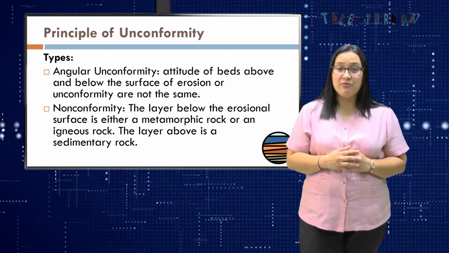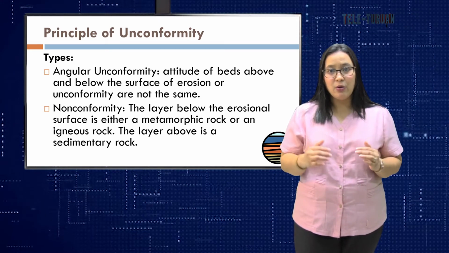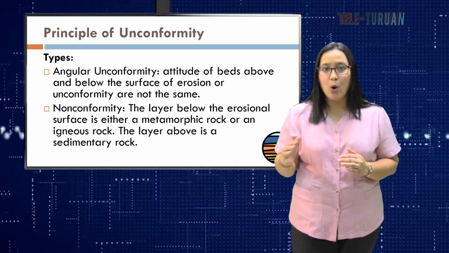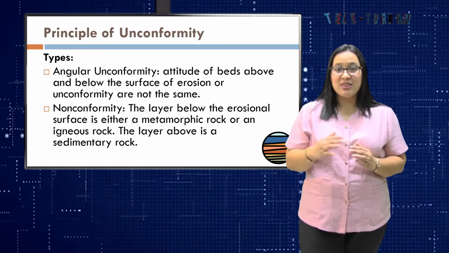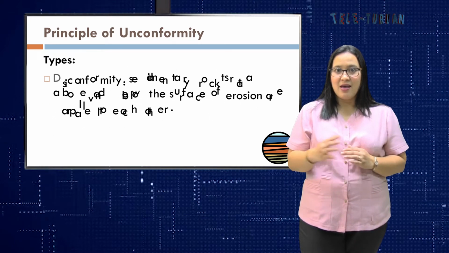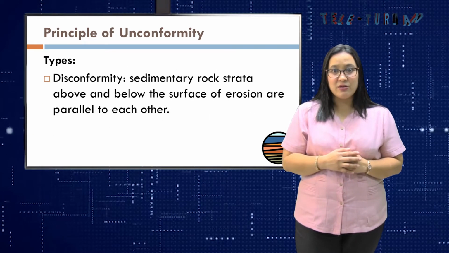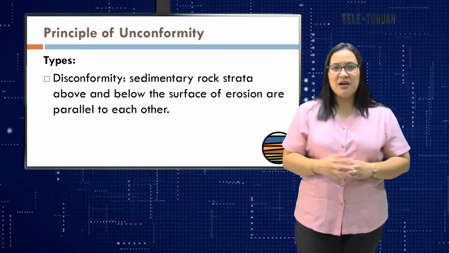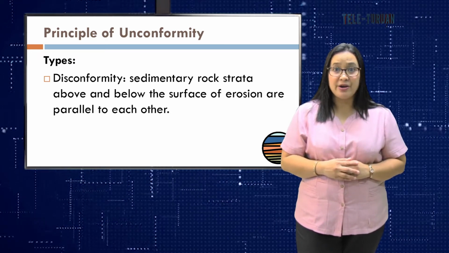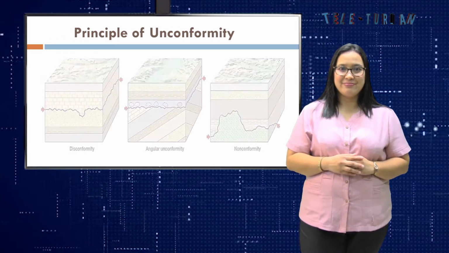Next is the nonconformity. The layer below the erosional surface is either a metamorphic rock or an igneous rock, and the layer above is a sedimentary rock. And the third type is the disconformity. Sedimentary rock strata above and below the surface of erosion are parallel to each other.